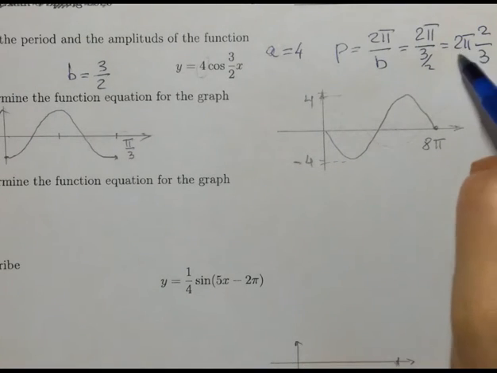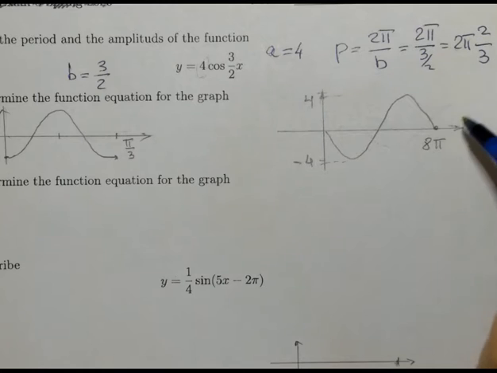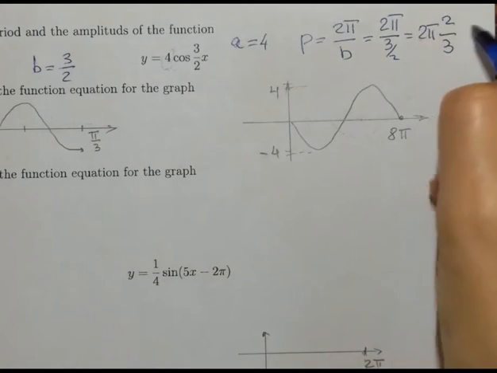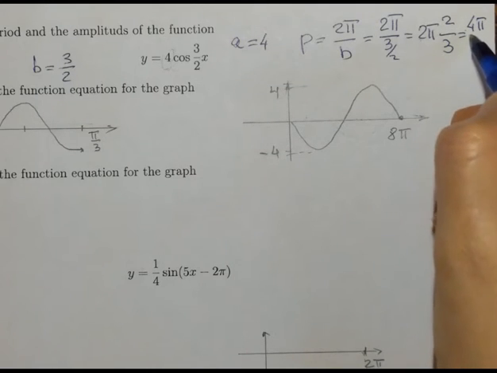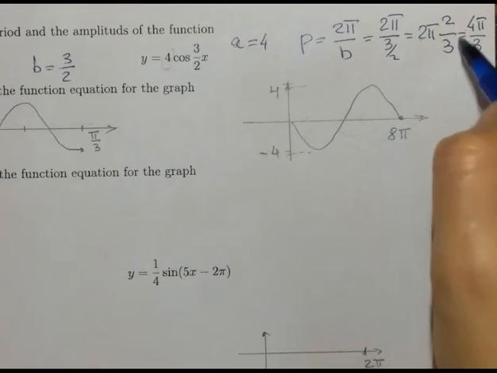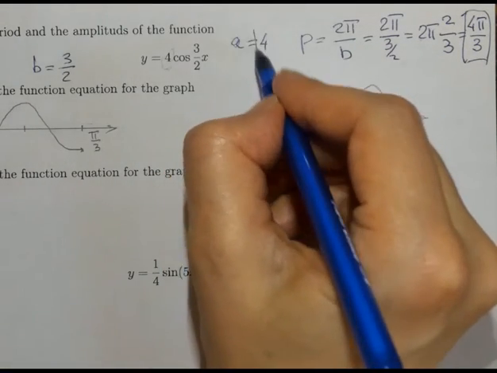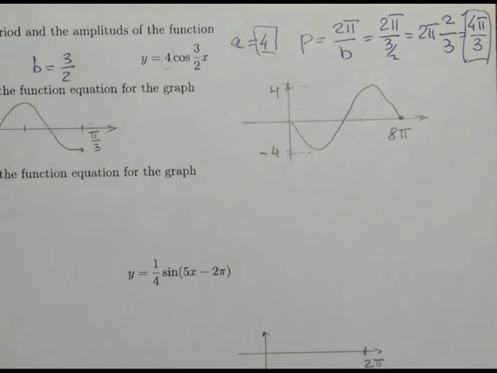In the numerator, we multiply 2 pi by 2, so it is 4 pi. In the denominator, we have 3. So the period is 4 pi over 3. The amplitude is 4.